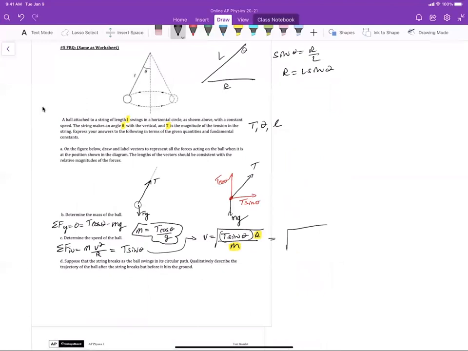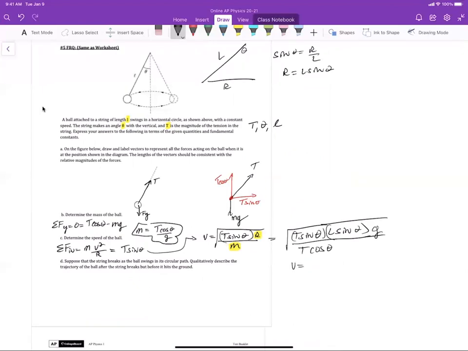velocity is equal to T sine theta times the radius, which is L sine theta, divided by the mass, which is T cosine theta over g, and then g will be back up here.